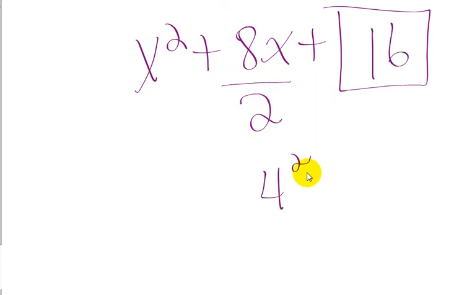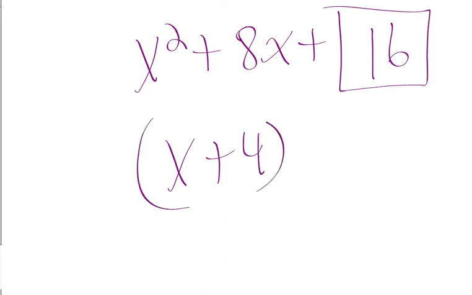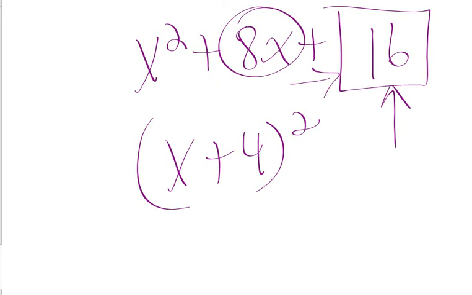Now we can rewrite this as our perfect square, our squared binomial. So it's going to be x plus 4 squared. Now, I don't think they have you rewrite it. They just have you fill in the box. But realize that's all this is. So divide the middle term by 2 and square it, and that gives you your c term. That's called completing the square.